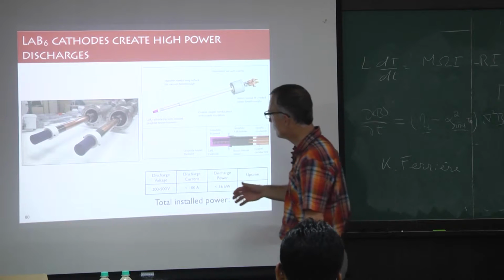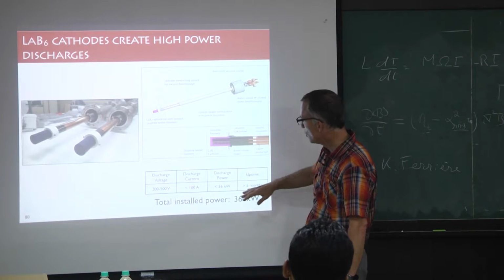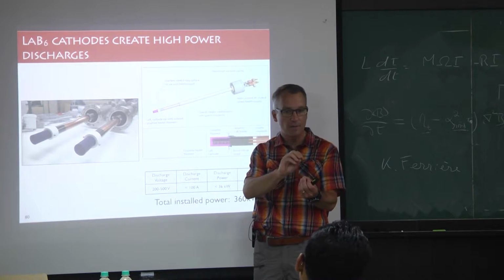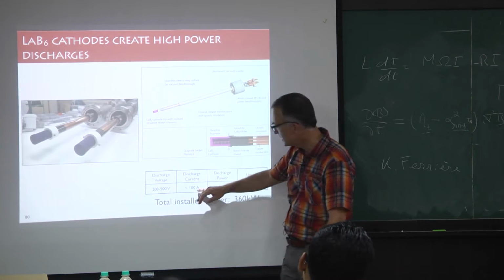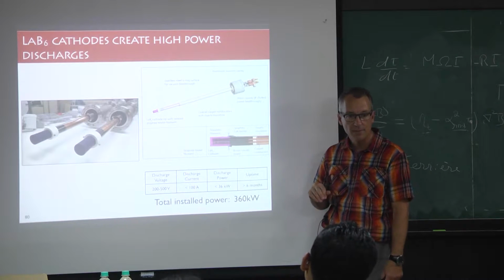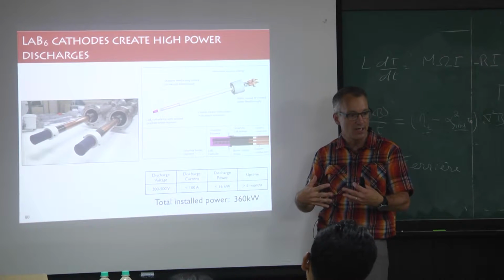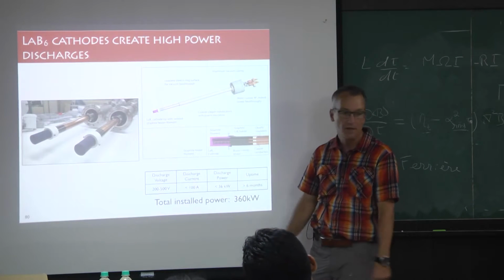And so we put these into the plasma and we bias them with a voltage of something like 400 volts relative to an anode. So we draw current from a cathode to an anode, and the currents are typically on the order of 100 amps. And so this gives something like 36 kilowatts of power to go in and heat the plasma from each of our cathodes, and we have many of them. Okay?